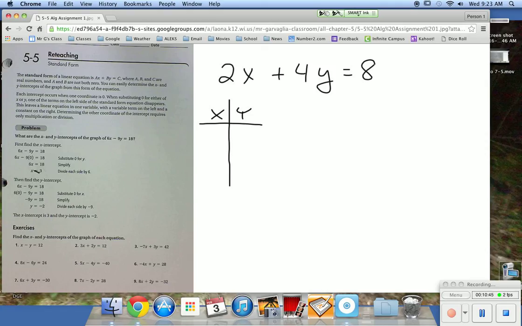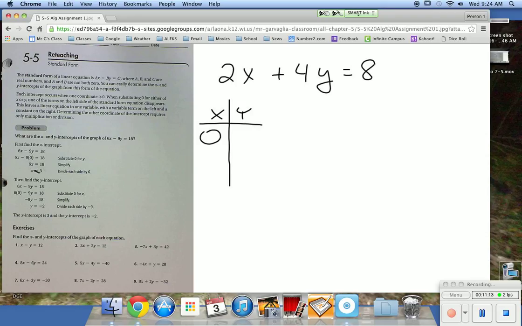All right? So get this equation written down like I have so you have an example to go back to, to understand how you can do these. The first thing we're going to do is put a 0 in for x. It's this simple.